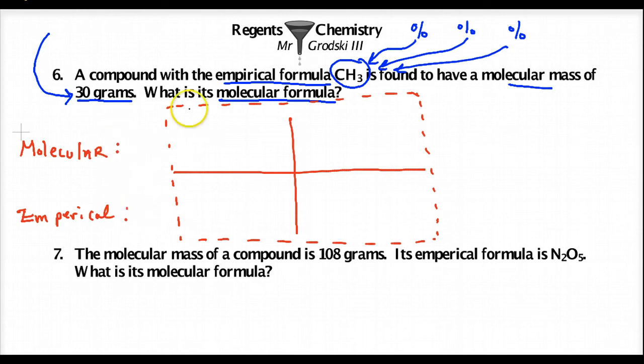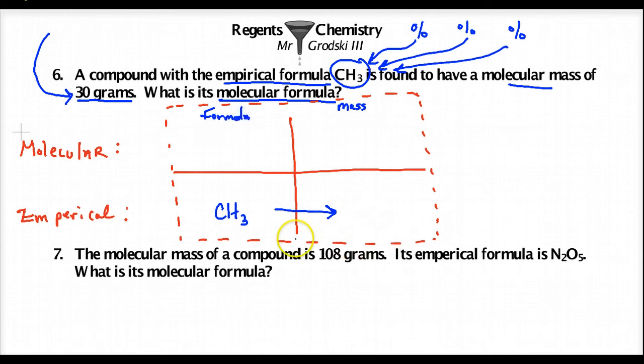So loaded with the empirical formula, I know the empirical formula is CH3. I'm going to find the empirical mass. So this would be the mass area. And this would be the formula area.